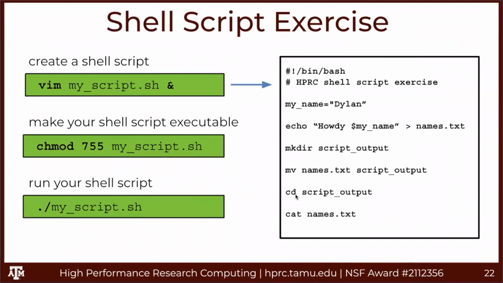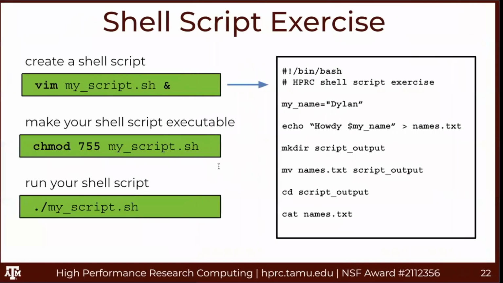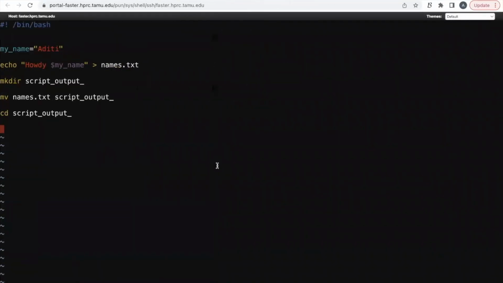Then it is changing the directory, going to this output directory, and it is using cat to print on the terminal whatever is there in names.txt. So let's do that. Let's do cd script_output, and then we will just do cat names.txt.